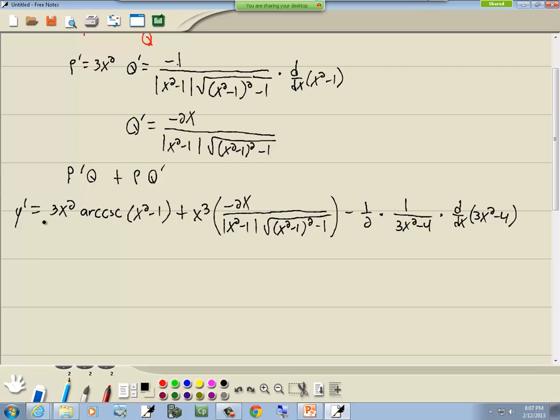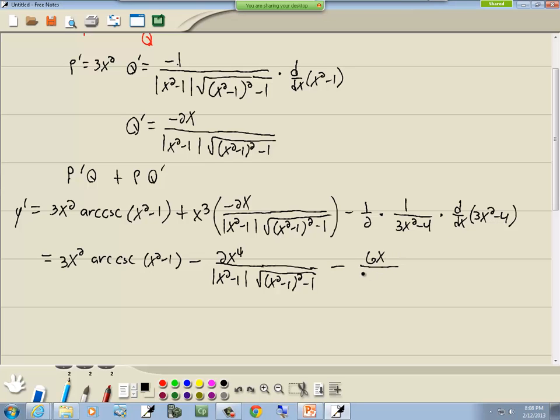Okay, so this gives us 3x squared arc cosecant of x squared minus 1, minus positive times a negative 2x times x to the third gives us 2x to the fourth over the absolute value of x squared minus 1 times the square root of x squared minus 1, all of it squared, minus 1, minus the derivative of 3x squared minus 4 is 6x over 2 times 3x squared minus 4.